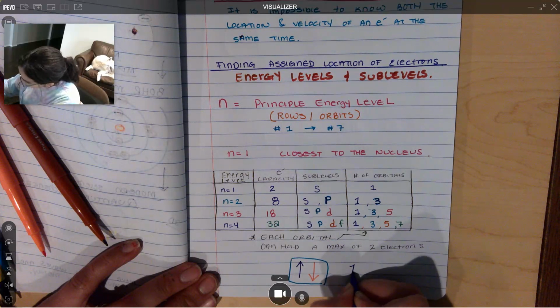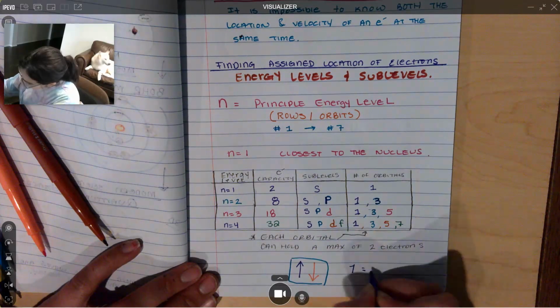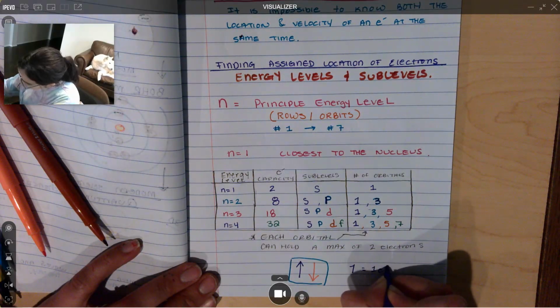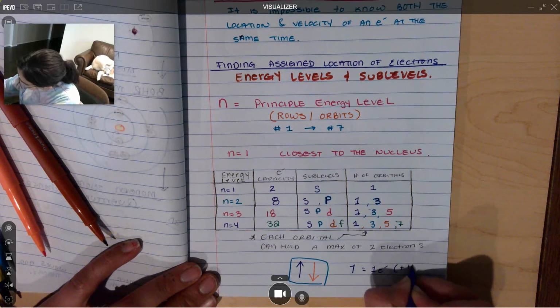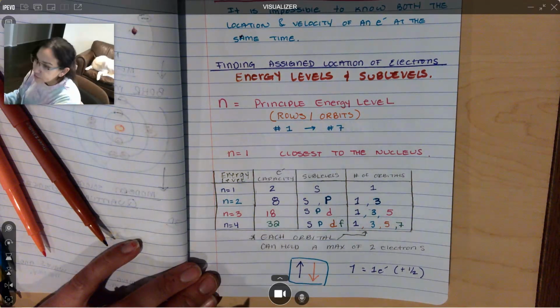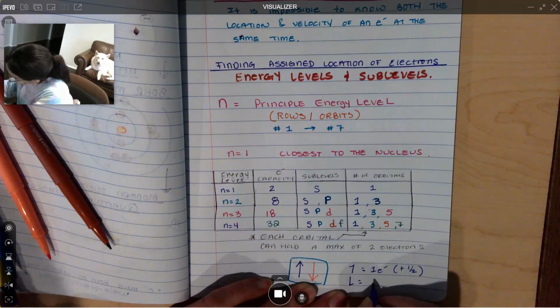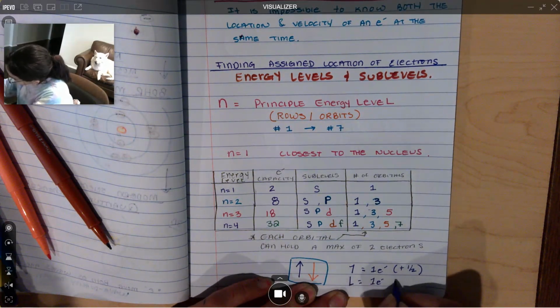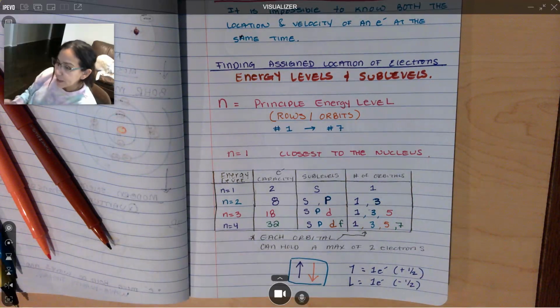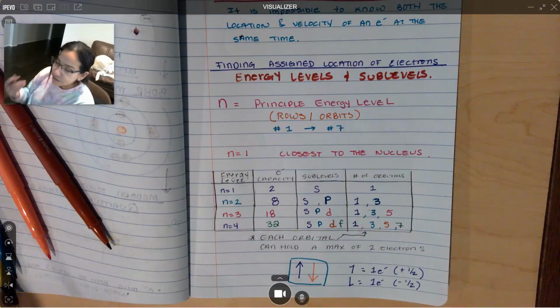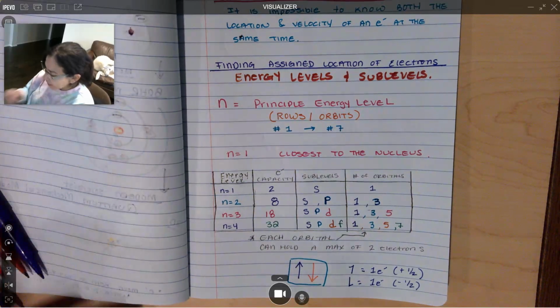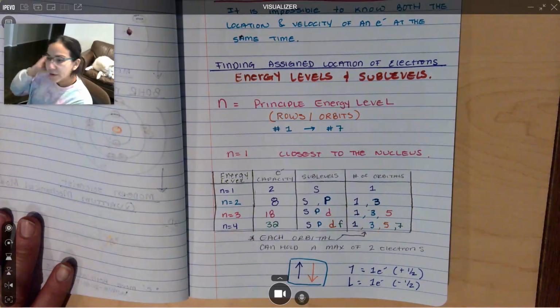So this is one electron and it has a positive spin, and we're going to say positive 1/2 of a spin. And that right there is also one electron, and we're going to say it has a negative spin. That means one spins clockwise, the other one spins counterclockwise.